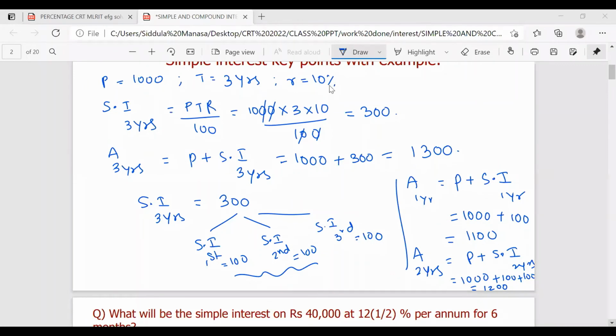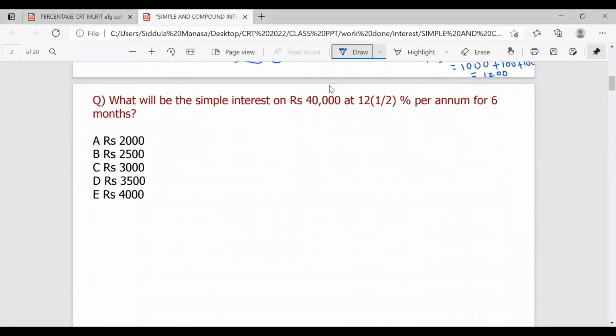So moving to the next. What will be the simple interest on 40,000 at 12 1/2% per annum for 6 months? We need to convert the time period: months is given. Months given means M/12.